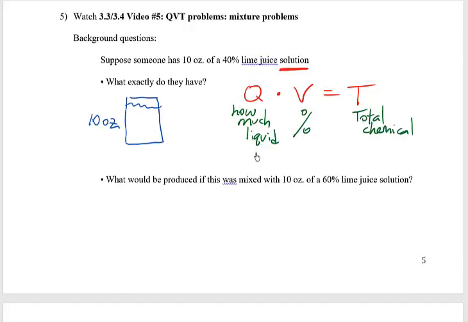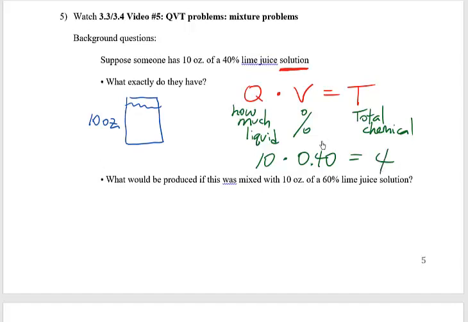So in this problem, if I take my 10 ounces, that's the liquid I have, and I multiply it by the percentage, 40%, which I'm going to write as a decimal, 0.40, the answer I get will represent how much actual lime juice is in there. You can check this on your calculator. It comes out to be 4 ounces.